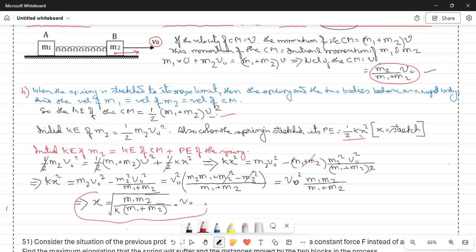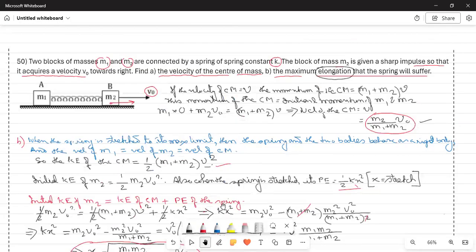This is the value of X, which as they said, is the maximum elongation.